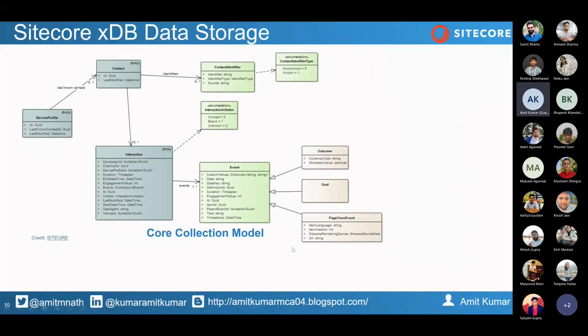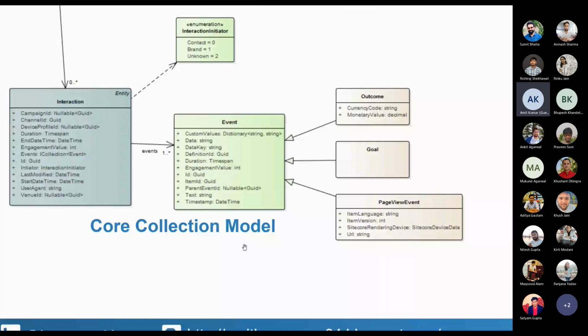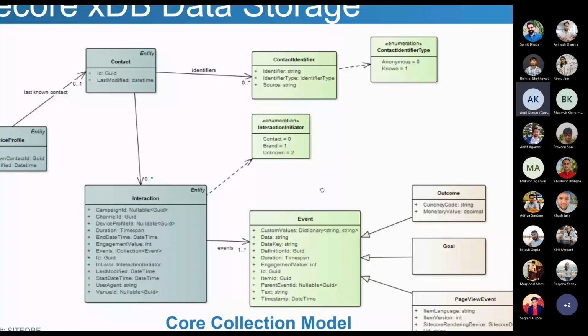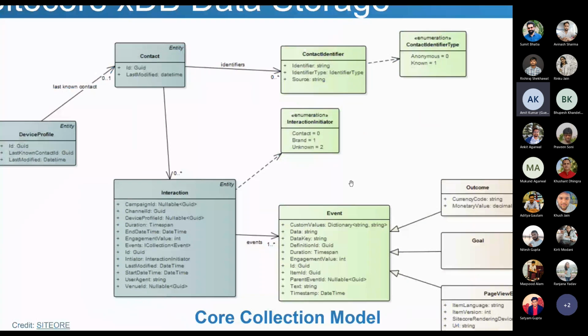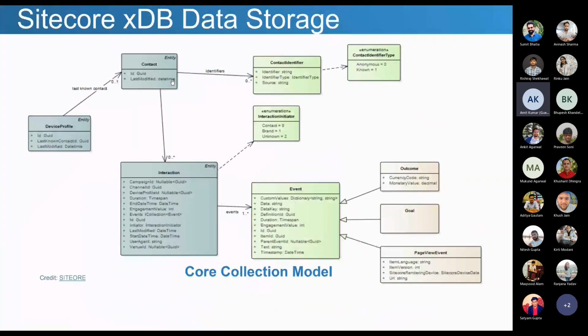By default, these are the core collection models provided by Sitecore, and these entities or classes are exposed via xConnect, and you can make use of them to get the data from Sitecore xConnect.